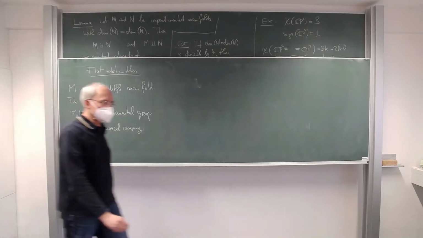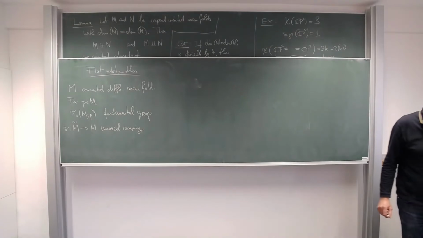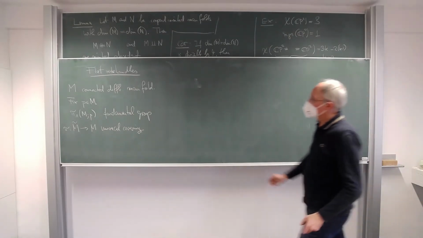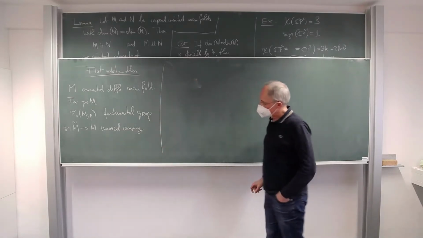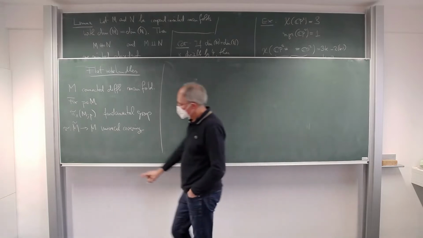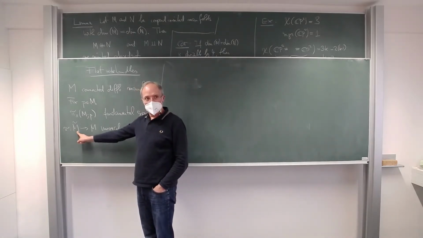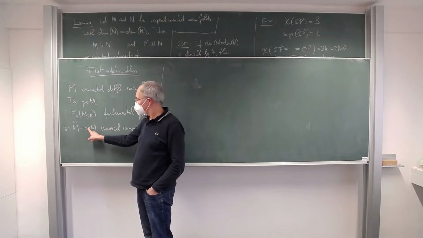So pi_1 is the fundamental group and pi is the projection for the universal covering. And so the first observation is that this space M tilde can be considered as a principal bundle over M with the structure group pi_1.